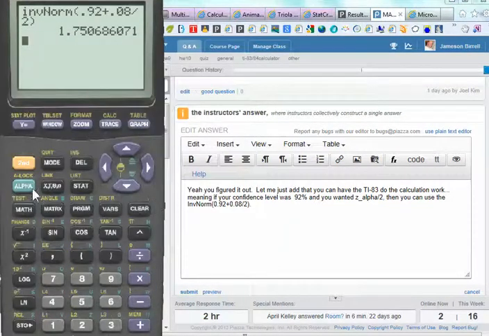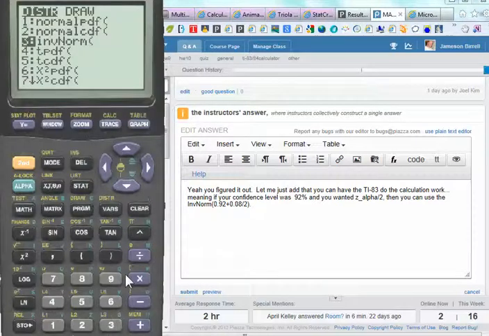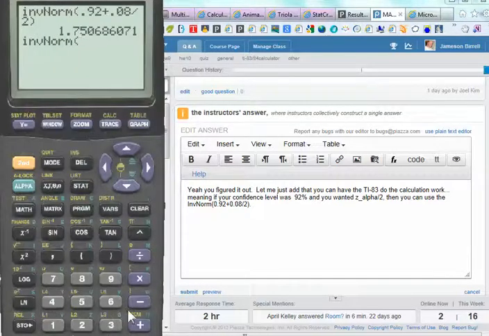So to demonstrate that, here's inverse norm by doing second vars, going down to 3, and just say 1, let me see, if we want to let it do all the work. And that's what I'm trying to demonstrate here, is that the calculator can do intermediate calculations inside the functions that it's about to run. So let's do 1 minus 0.92. Now this is all in parentheses because I want it to follow this specific order of operation.